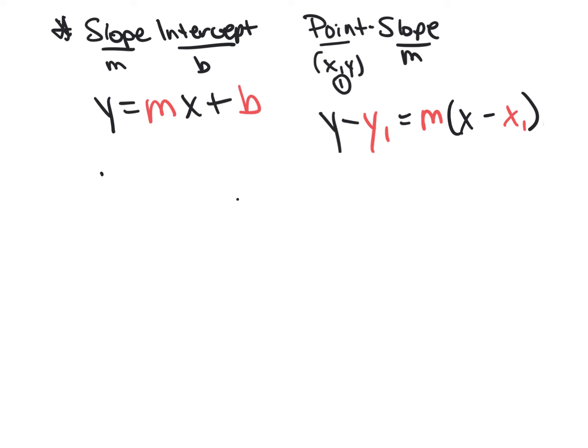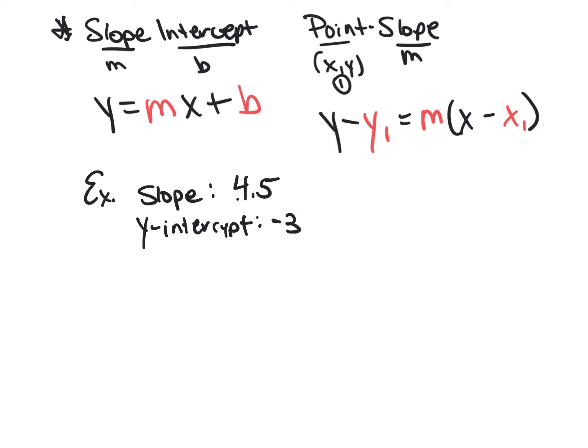So let's say they give us the slope, and they say the slope is 4.5, and the y-intercept is negative 3.5. So they give us the slope, which is m, and the y-intercept, which is b. So which one of these two would you use? Hopefully you chose the y-intercept.